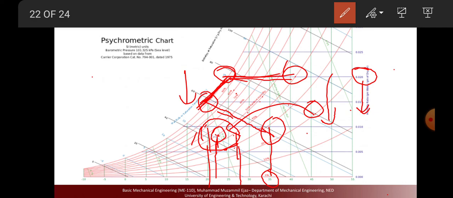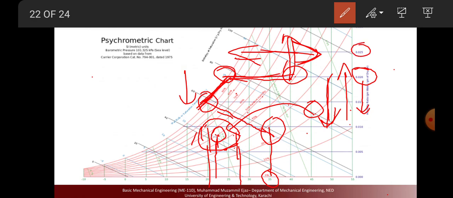And if we go toward the right side of this chart, it means that we are increasing the temperature, so it is a heating process. Going left side, it is a cooling process. Going downside, it is a dehumidification process, and moving upside, it is a humidification process or gaining heat. If our point is moving vertically upward, it means there is steam in the air that is increasing the water content.